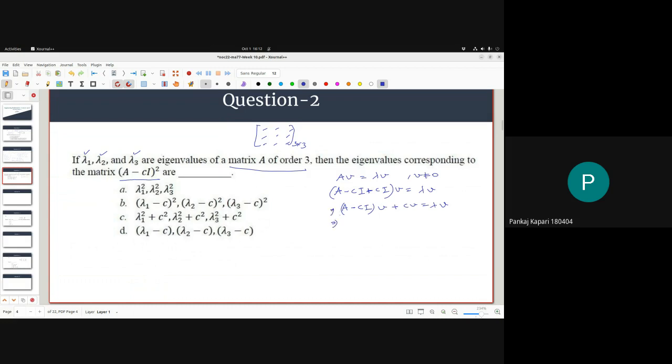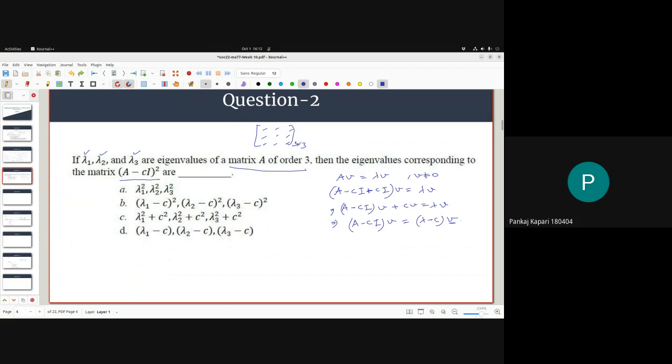Now this implies that A minus Ci times V must be equal to lambda minus C times V. Since this vector is non-zero, this means that lambda minus C must be an eigenvalue of the matrix A minus C times identity matrix.